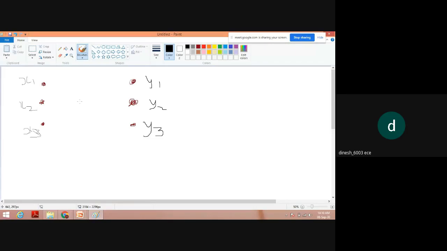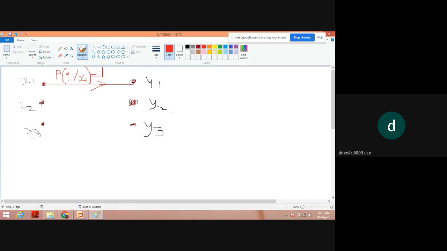So from the given question, x1 and y1 is 1. P of y1 over x1 in the place of the matrix channel, you see, is 1. Okay.